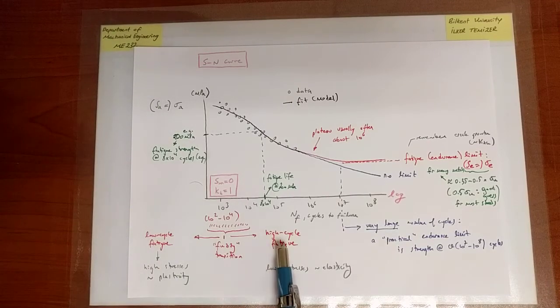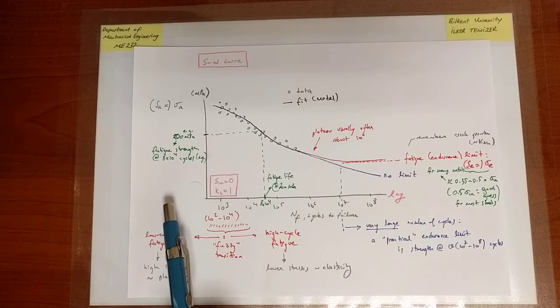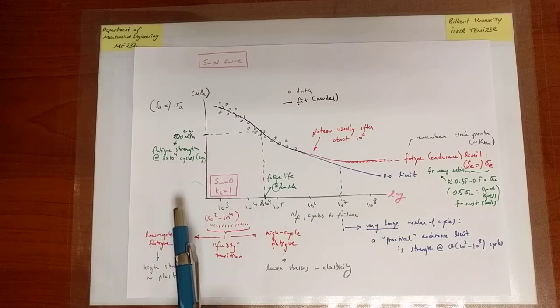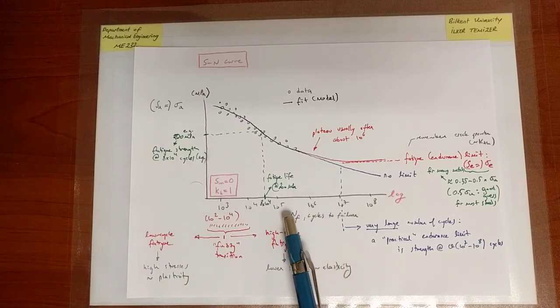Now, what we see from this picture is that if you have 10 to the 6 cycles, it's certainly going to be high cycle. If you have about 5 to 10 cycles, as we observed with the paperclip experiment, then certainly it is a low cycle phenomenon. So we're in the high cycle range. Now, 10 to the 6, is that a practical value?